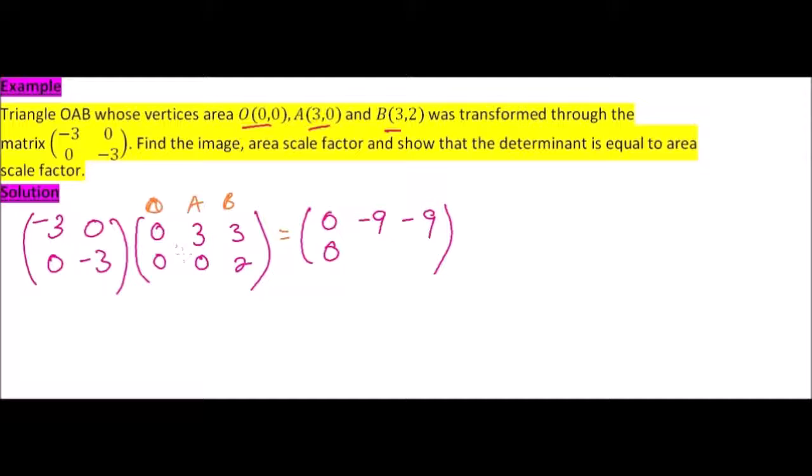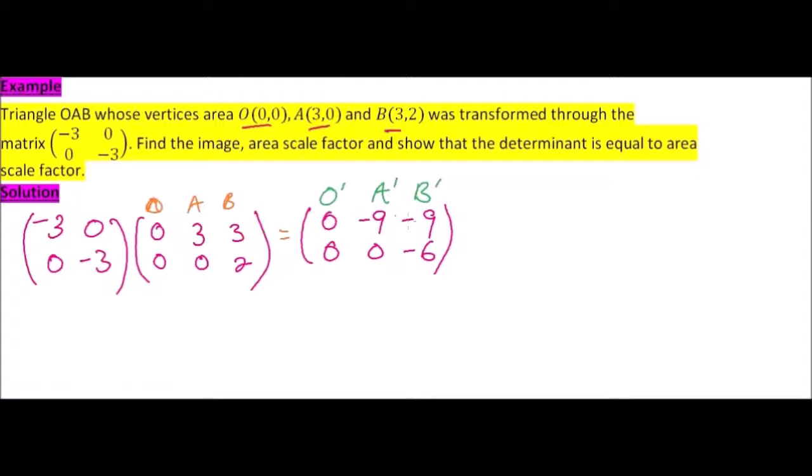Then the next will be 0 times 3 is 0, and minus 3 times 0 is 0, we get 0. And the other one will give us minus 6, that is 0 times 3, 0, minus 3 times 2, you get minus 6. So these are the vertices of our image O prime, A prime, and B prime.